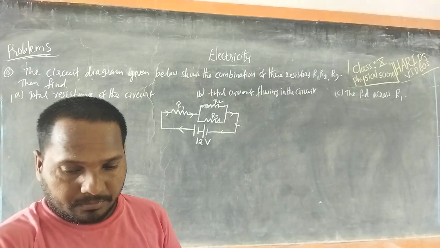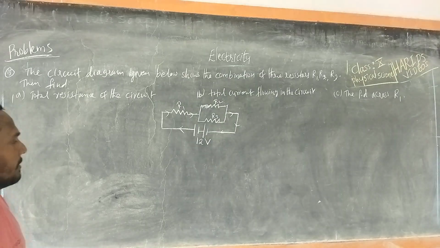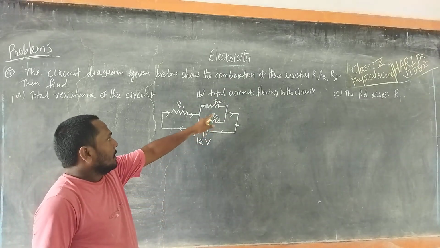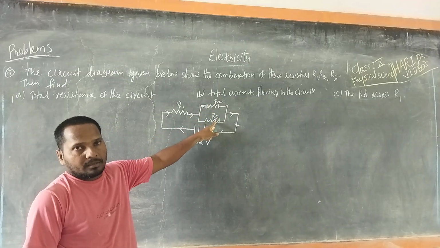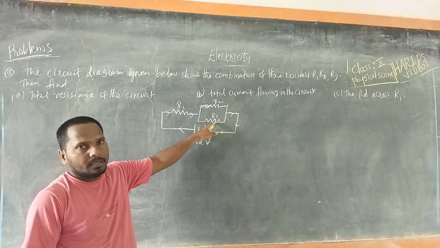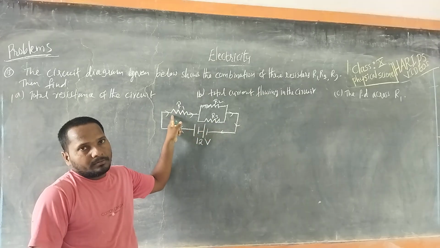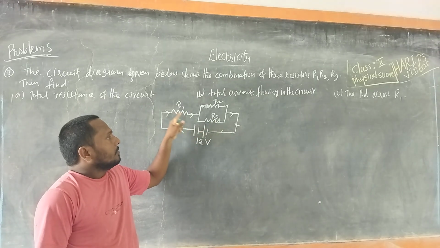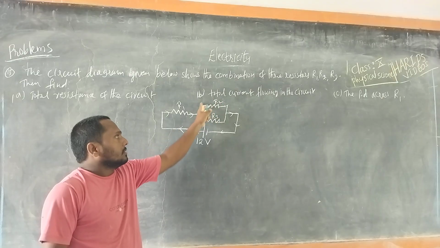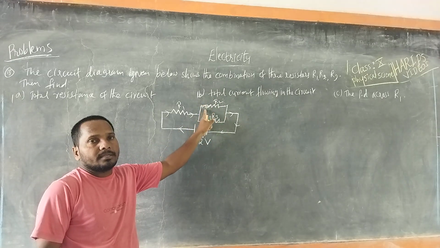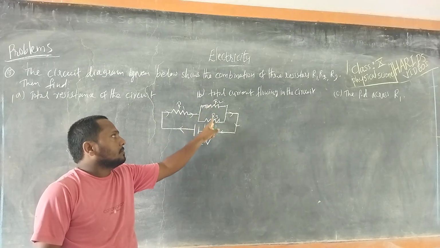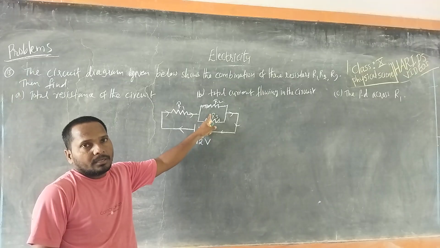Okay. Observe the diagram first. R2 and R3 are in parallel with each other, and this combination is in series with R1. So first calculate the total resistance of this parallel connection.